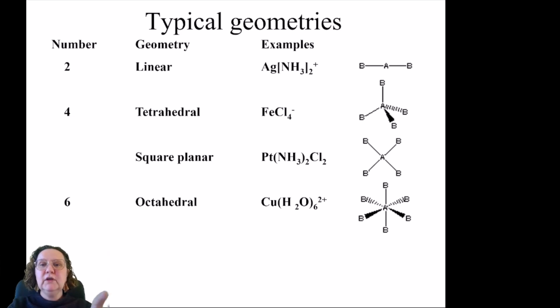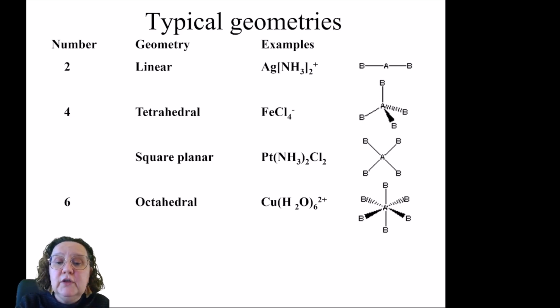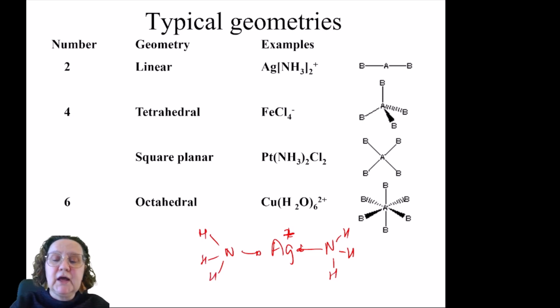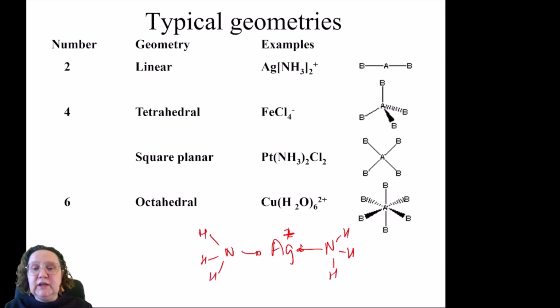Here you've got the complex of silver with two ammonia molecules: the silver in the middle with one positive charge, the nitrogen from one ammonia donating electrons, and the nitrogen from the other ammonia molecule. The nitrogen comes with the three hydrogens. They physically need space to settle, so they try to put themselves as far away as possible.